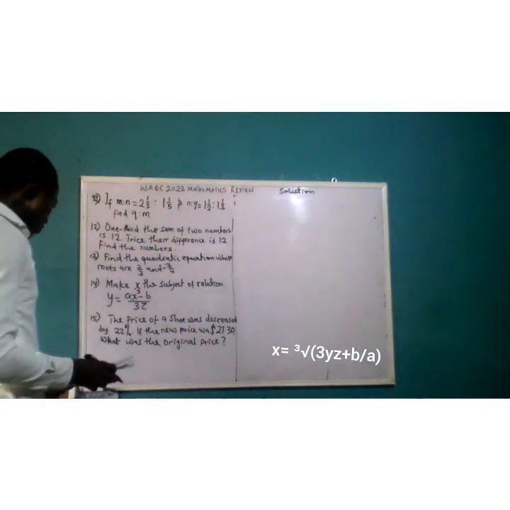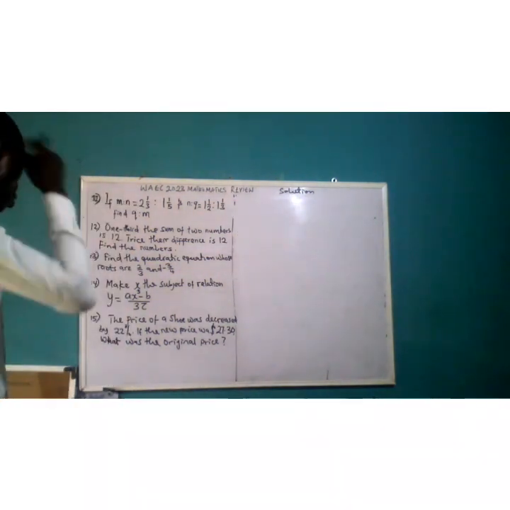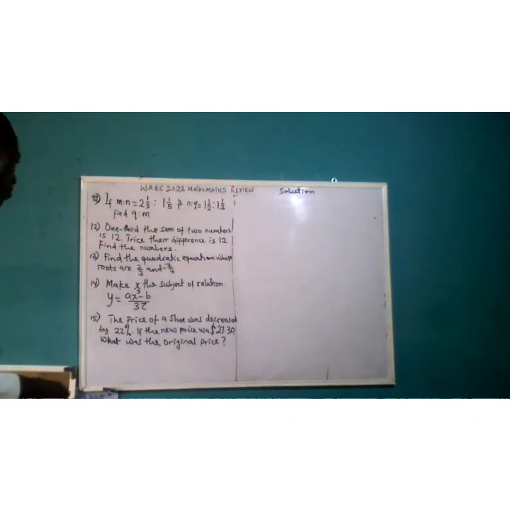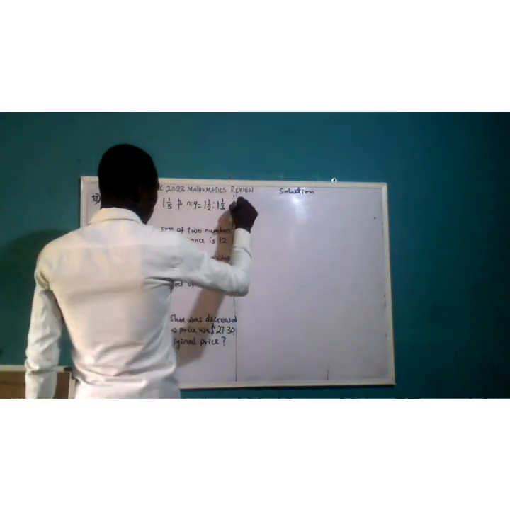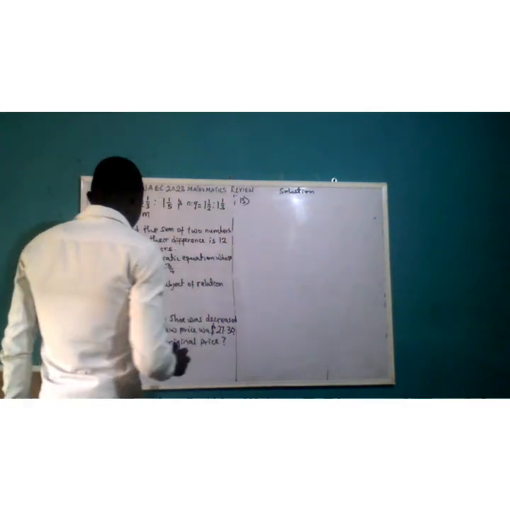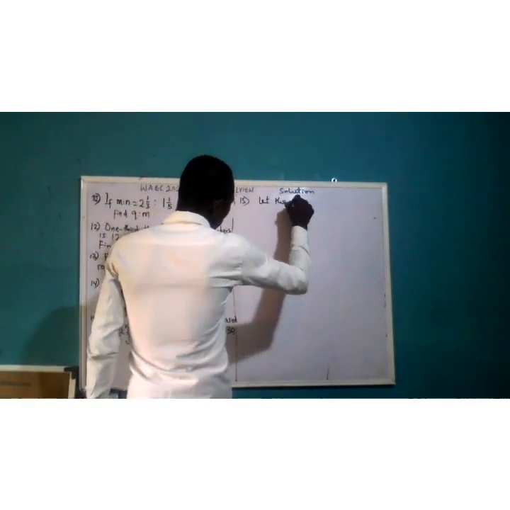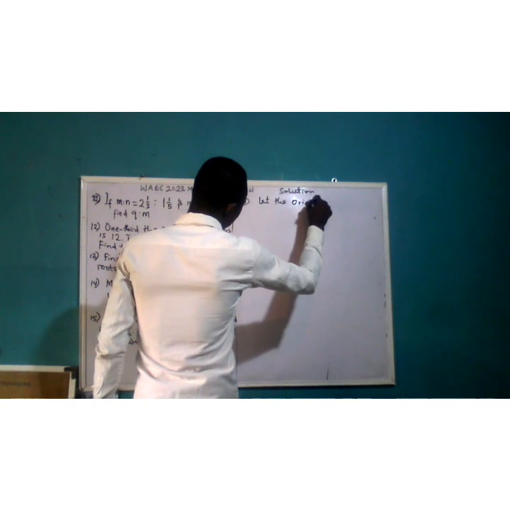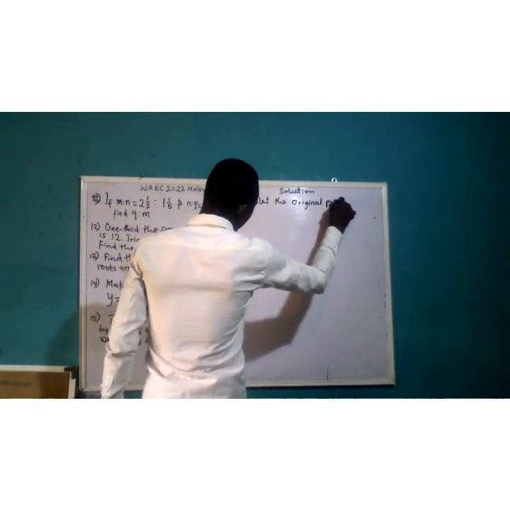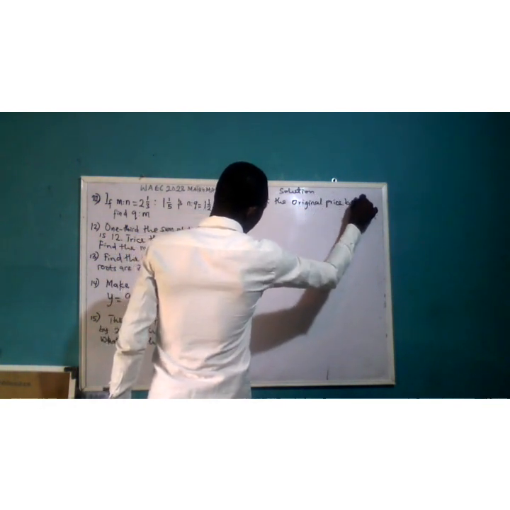Now, in question number 15, we are told that the price of a shoe was decreased by 22%. If the new price was $27.30, what was the original price? Okay, that's question number 15. Let the original price be x.